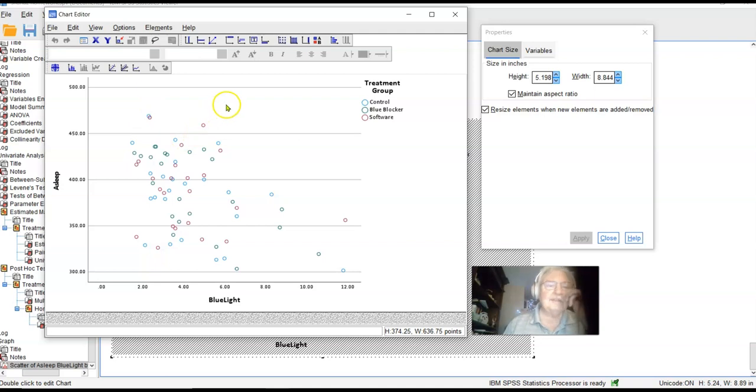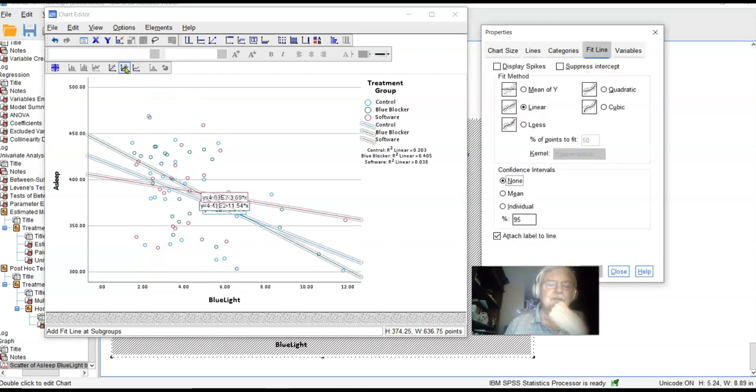To do that, we come over here and we look, and there are little dots and multiple lines. This one adds a fit line to the total. This adds a fit line for each of the subgroups. So it looks like that.